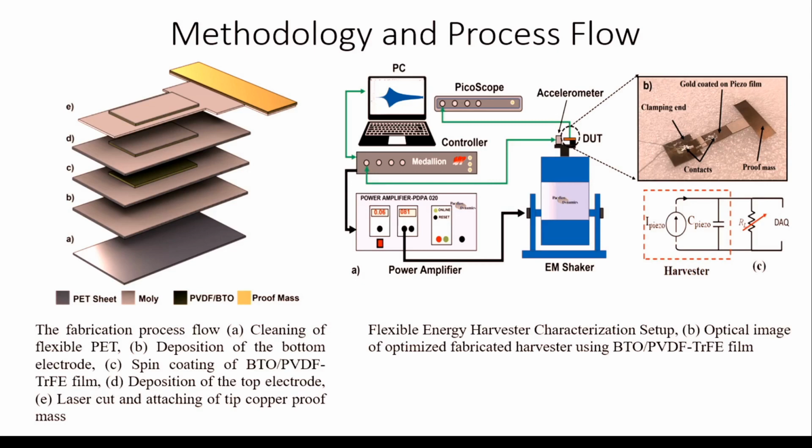We mounted our device on the shaker system and controlled it using the function generator, and a power amplifier is used to give the signal to the shaker with amplification. So this is the method we have used.